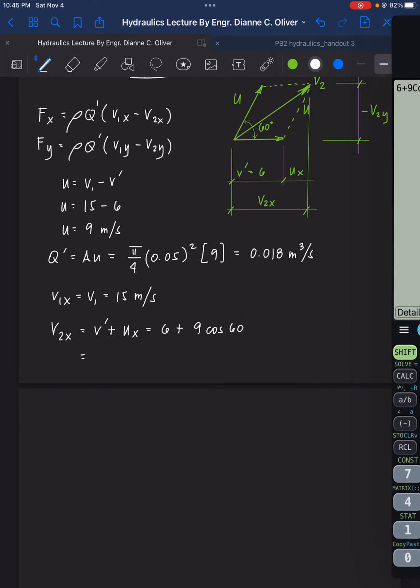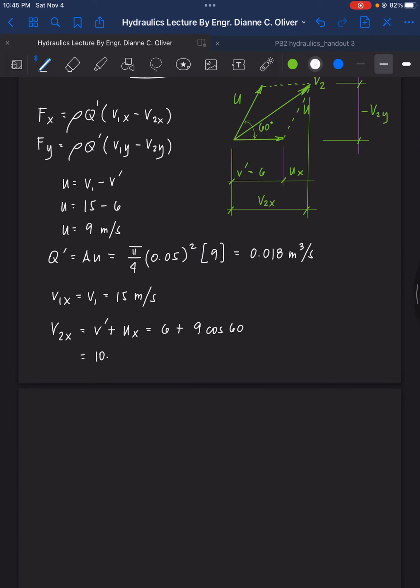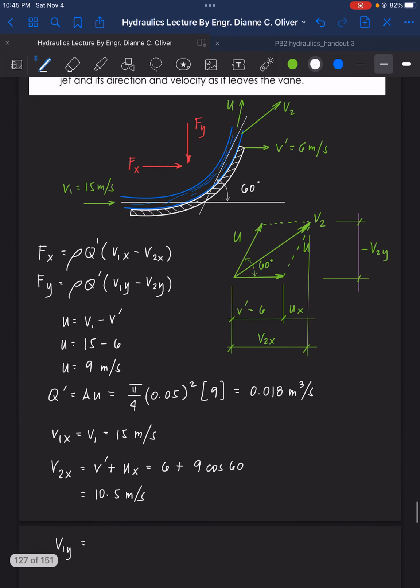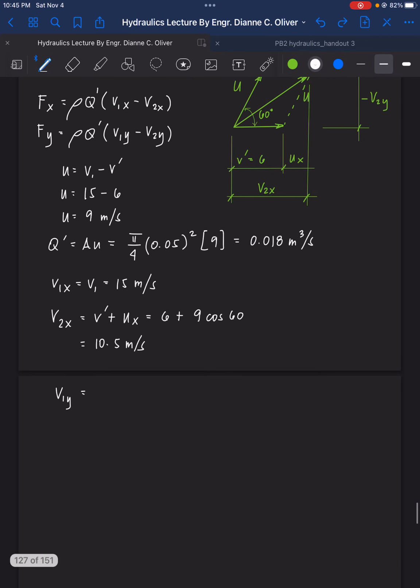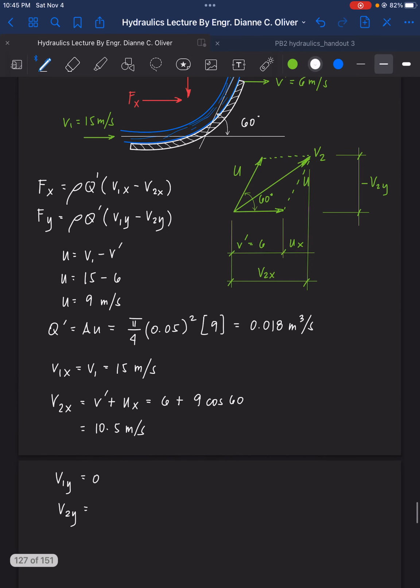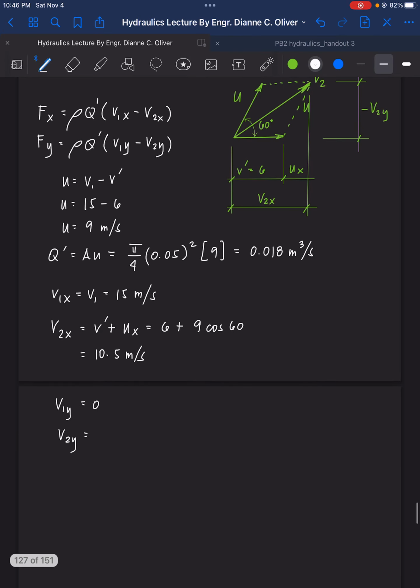That is 10.5 meters per second. Now V1y, there is no y component for V1. So V1y is equal to 0. V2y, however, is equal to negative U sine 60.